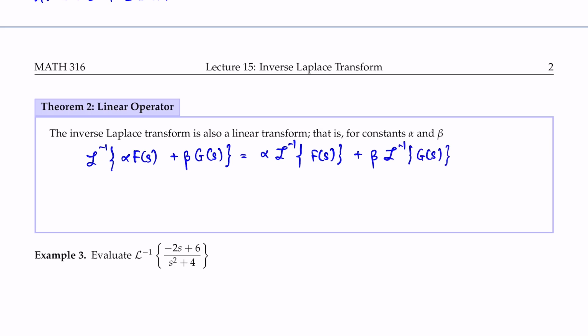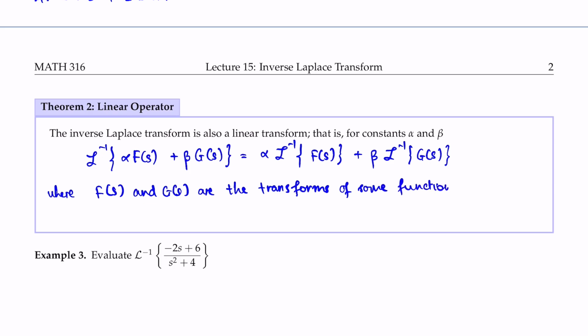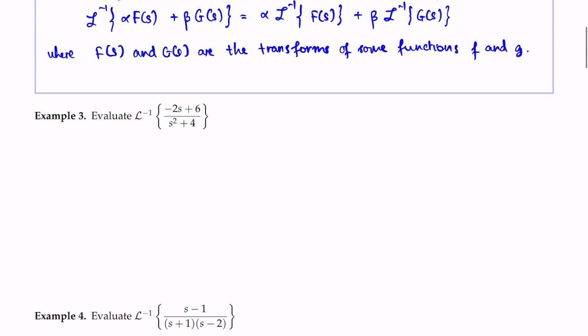Where, again, alpha and beta are constants, and capital F of s and G of s are the transforms of some functions, little f and g. So again, the inverse Laplace transform is a linear operator.